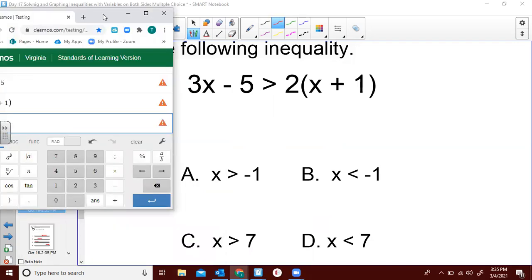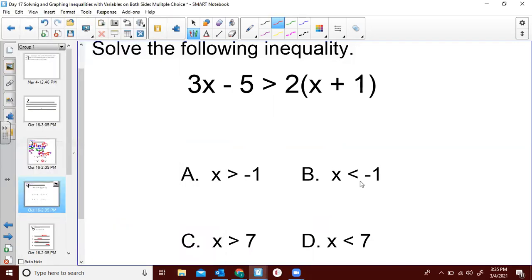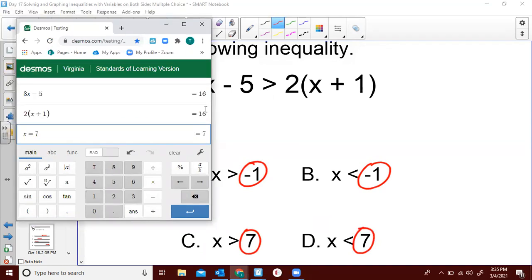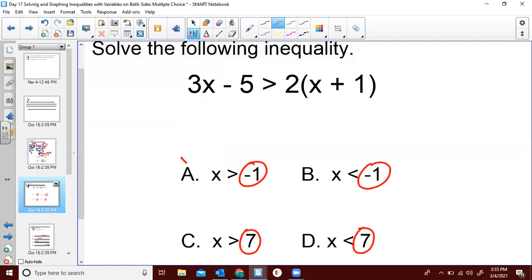I want to test each of my possible answer choices. So I want to test negative 1 and I want to test 7. If the left and right-hand sides are equal to each other, then you know we're working with something. So when I try 7, I get 16 and 16. So that's probably a good answer. But let me just check negative 1 to make sure nothing weird's going on. And I have 0 and negative 8. So A and B are out.